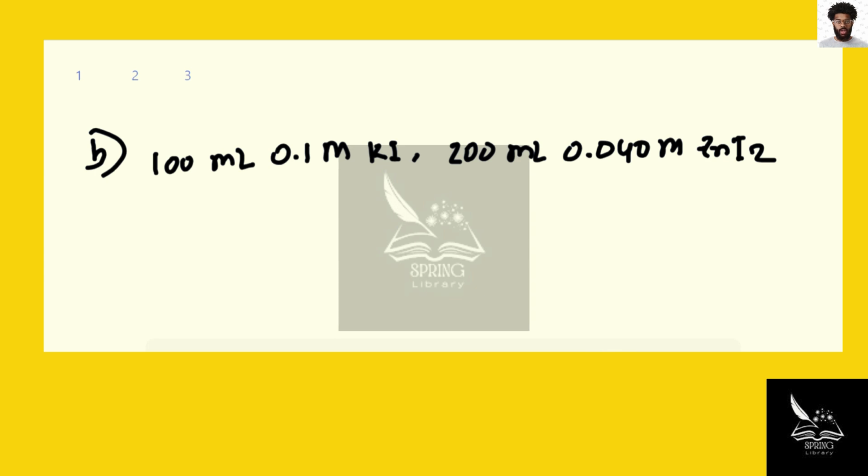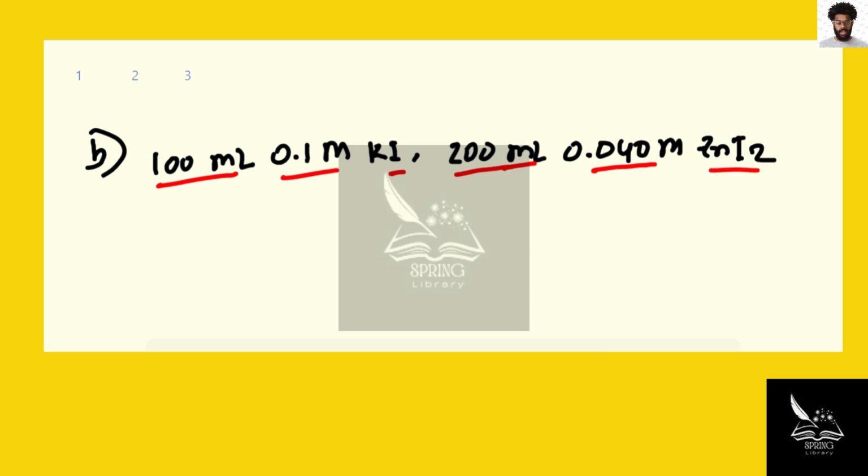So just to make sure, this volume data here is not of any use, because whatever the volume is, we can find out the iodide concentration just from the concentration of the compound.